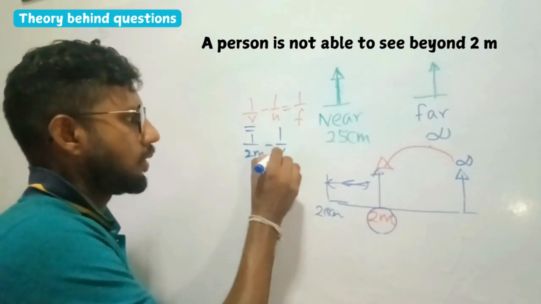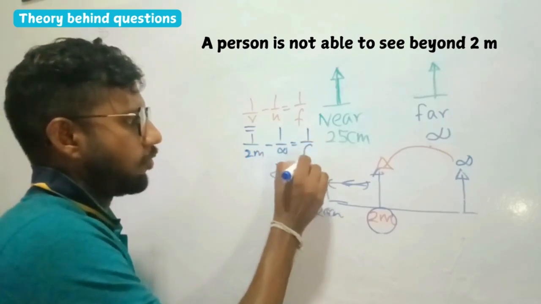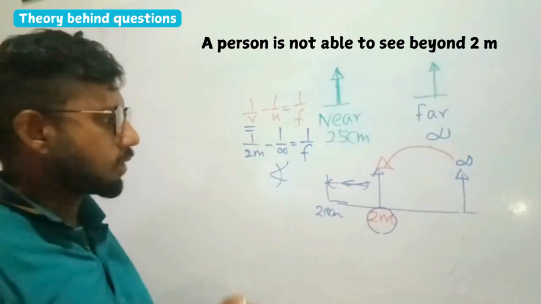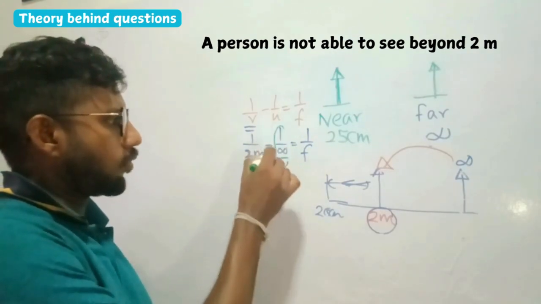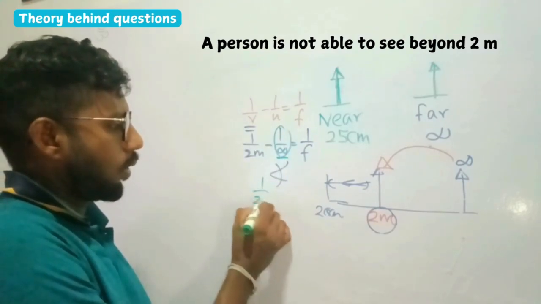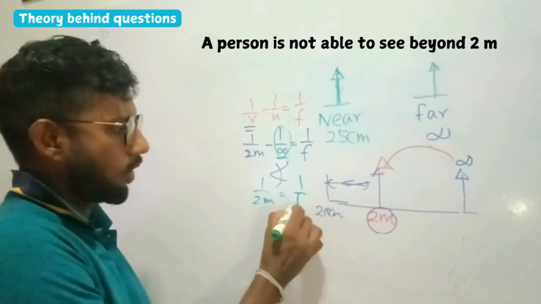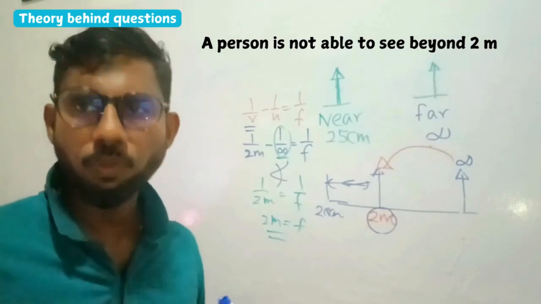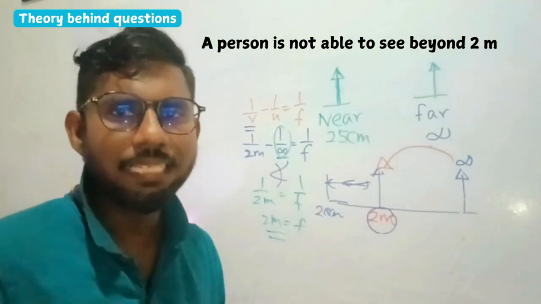So it's 1 over 2 minus 1 over infinity equals 1 over f, and f is what we need to find. On simplification, 1 over infinity is of course 0. So 1 over 2 meters equals 1 over f, so f is 2 meters. Basically, that is what we are supposed to do in the questions.